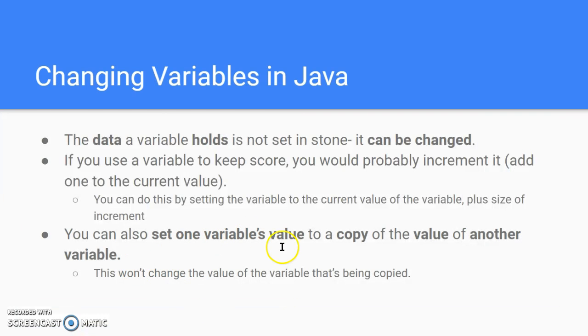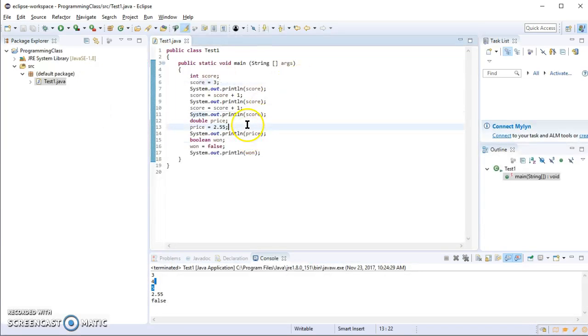Now, you can also set one variable's value to a copy of the value of another variable. This won't change the value of the variable that is being copied, but it will change the value of the variable that's being set. So say you have price.